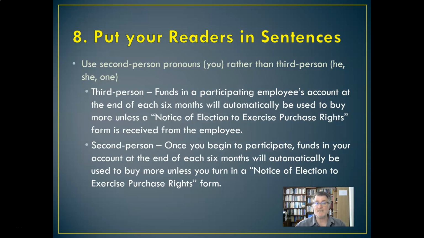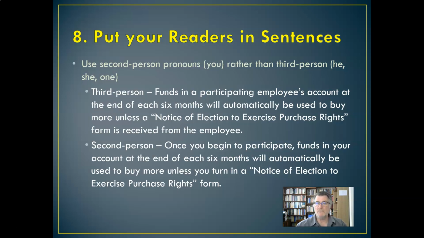So second person: once you begin to participate, funds in your account at the end of each 6 months will automatically be used to buy more unless you turn in a notice of election to exercise purchase rights. Okay, so it's very clear who it is that is being addressed. It is you, the things you need to do or not do in certain cases, and that's fine.